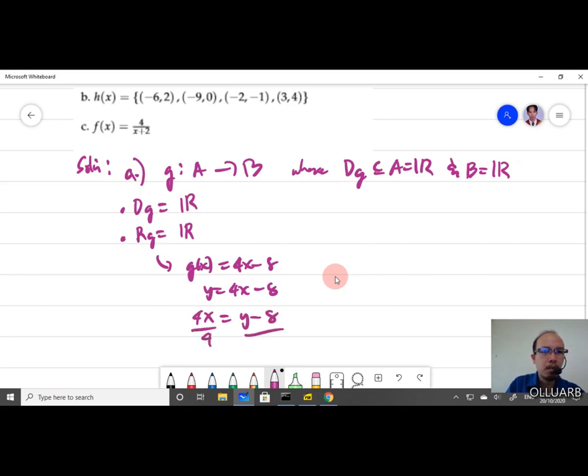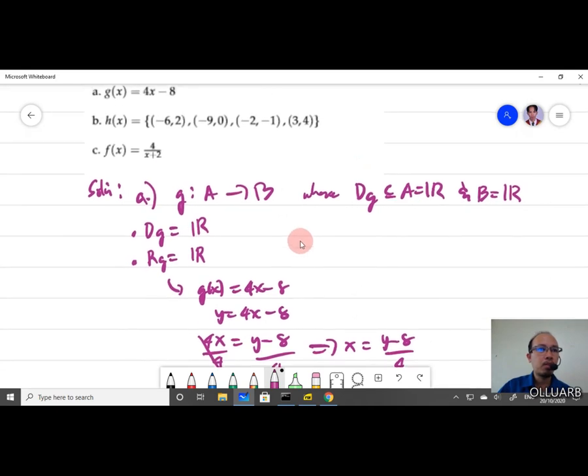Divide both sides by 4, so we have x is equal to (y plus 8) over 4. So our intuition that the range is the set of real numbers is true, because as you can see here, there's no variable in the denominator. Okay, so that's how you are going to find the range.